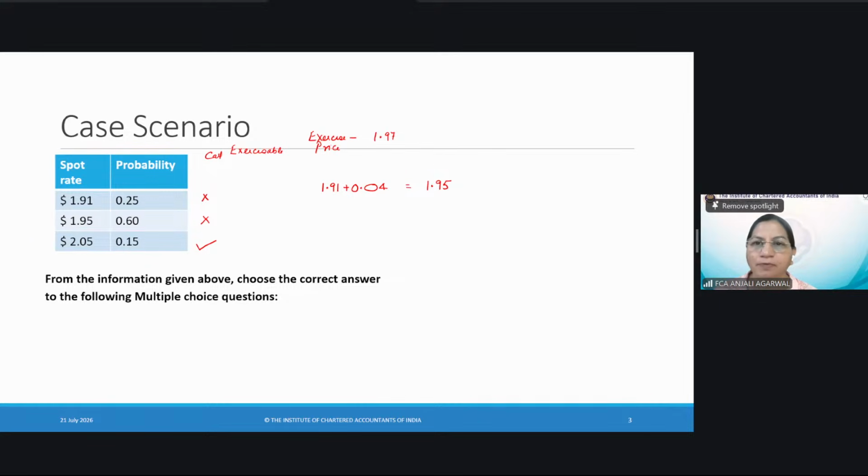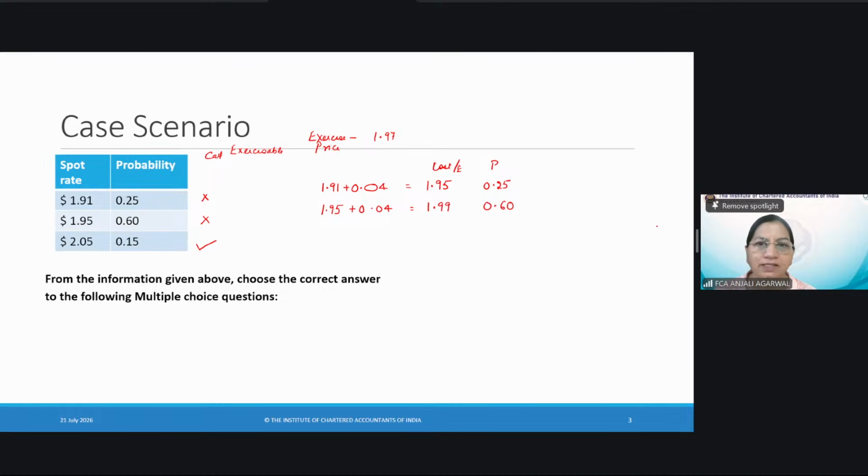And this has a probability of 0.25. If I don't exercise the option and the dollar-pound rate is 1.95, then again, together with premium, it will cost me $1.99 per pound, and this has a probability of 0.60.